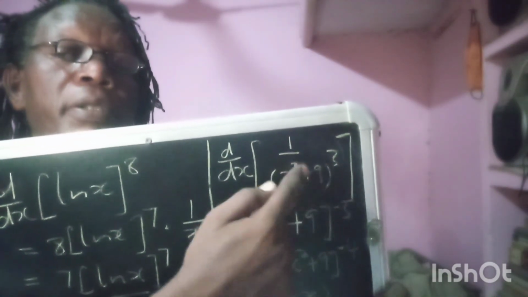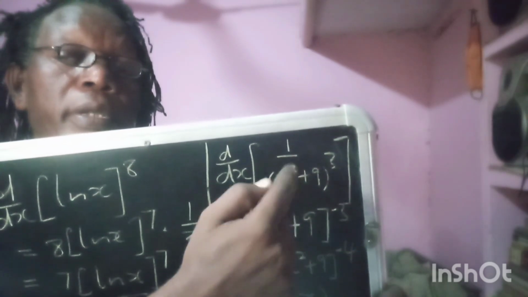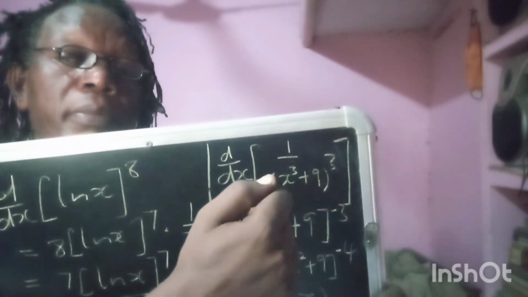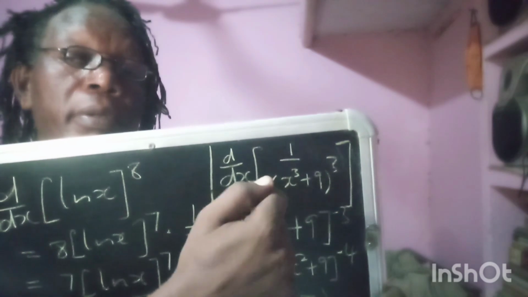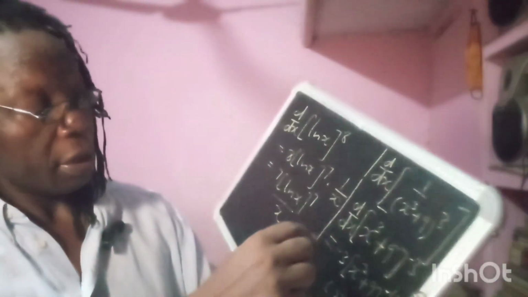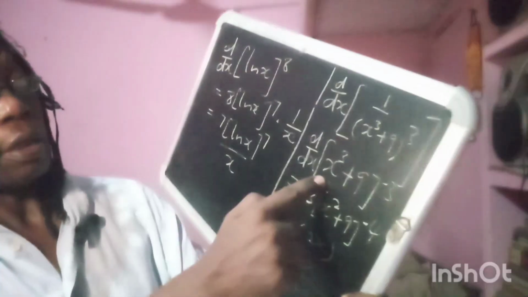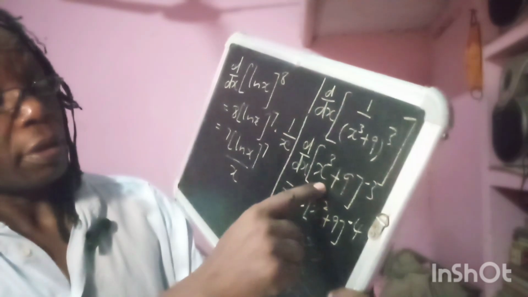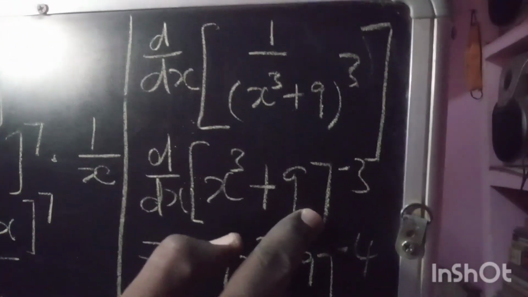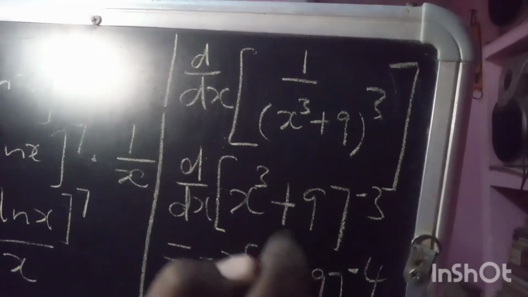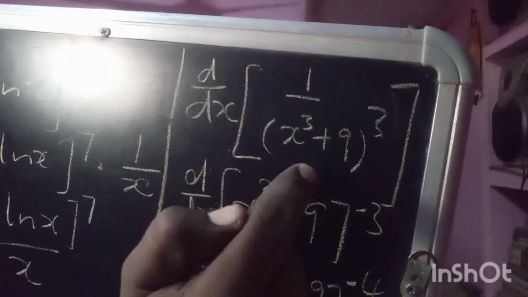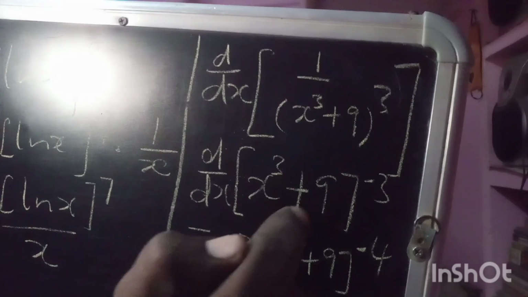So you have to bring this on top, so that you can rewrite it and apply the rule. Once you bring it up, it becomes (x cubed plus 9) to the power of minus 3. Down here this was positive, now it's negative, because now we have brought it up.